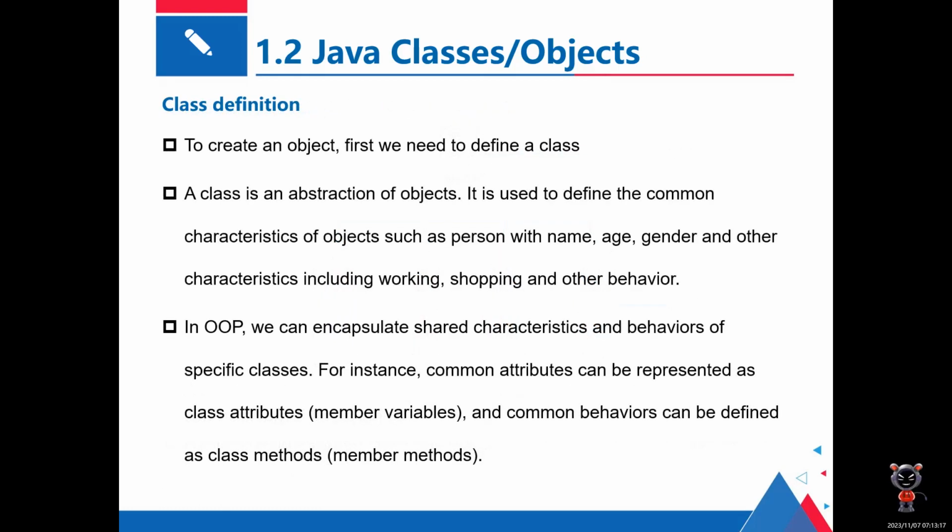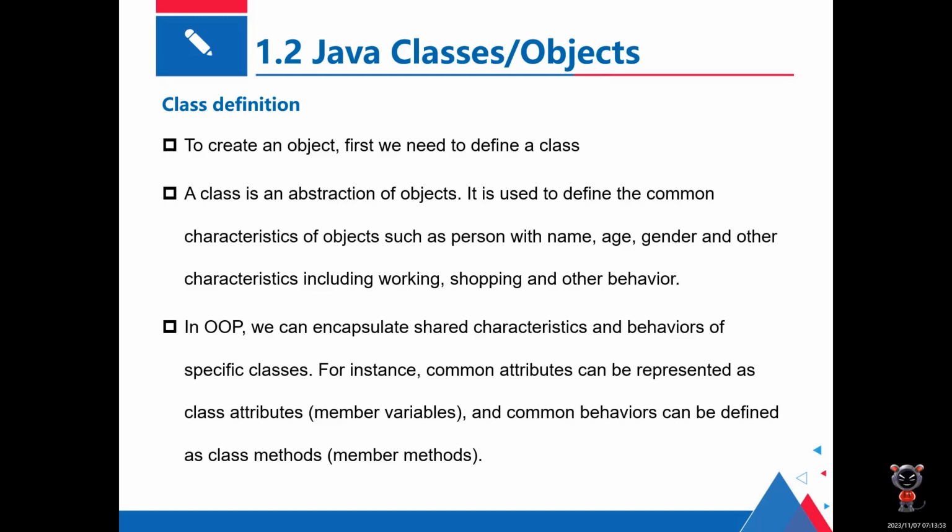So to create an object, first we need to define a class. As we discussed in the previous slide, a class is an abstract view, a template of the objects. Each class has certain characteristics. For example, a person has a name, an age and gender, and some other characteristics, such as working or shopping or any other behavior a person can perform.